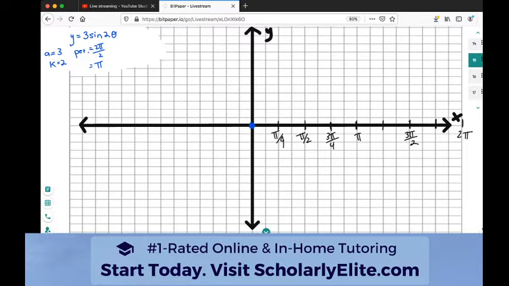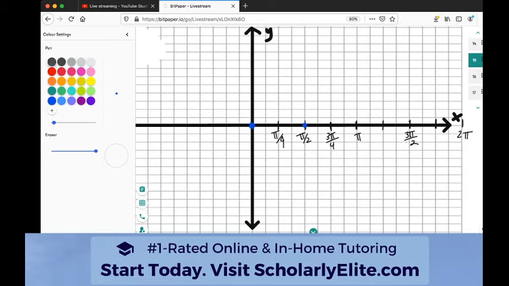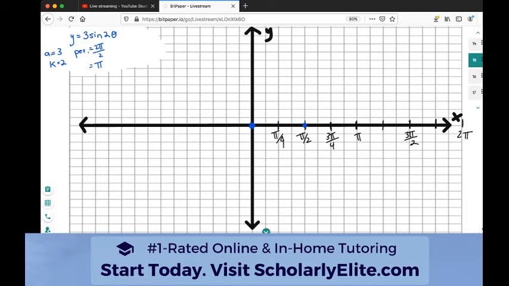Like if normally on the sine graph, usually it goes through 0 again at pi, well now this is going to go through 0 again at pi by 2. And then here, there has been a vertical stretch, so this is going to go all the way to 3 and -3.